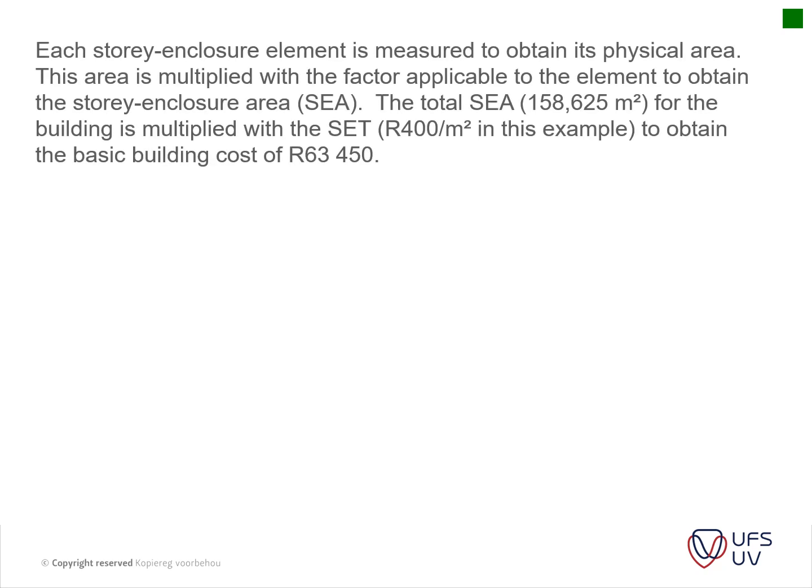Each storey enclosure element is measured to obtain its physical area. The area is multiplied with the factor applicable to the element, and thus you get the storey enclosure area, and this is what we spoke of last week in our study notes. The total storey enclosure area in this case was 158 square meters for the building, and this is multiplied with the rate of 400 Rand per square meter as given in the question, and we obtain the same amount as we did with the previous two examples.